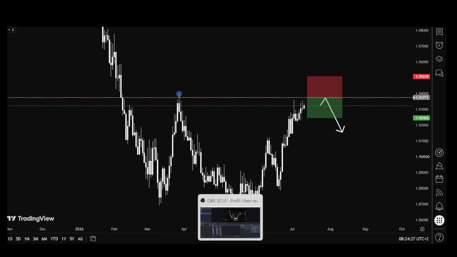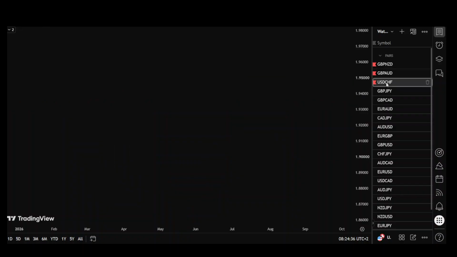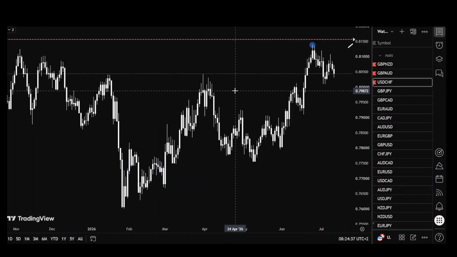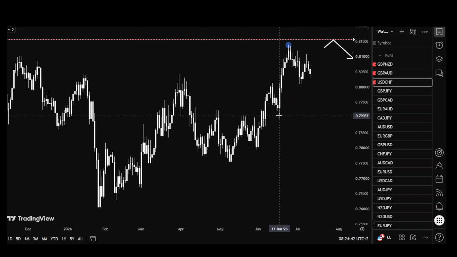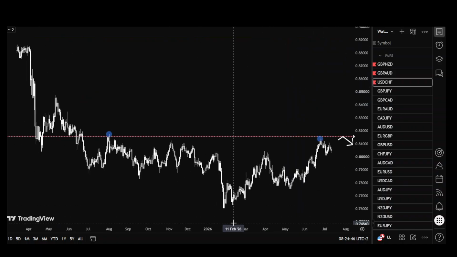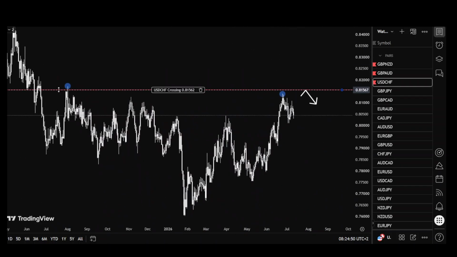Enough talking. That's the one trade I'm looking at. Mainly GBP AUD is what I'm looking at now. And then we have USD CHF as well. It's probably going to take some more time, because all of these are daily candles. But if price comes up here, then I think it's reasonable to take a one-to-one trade here as well.